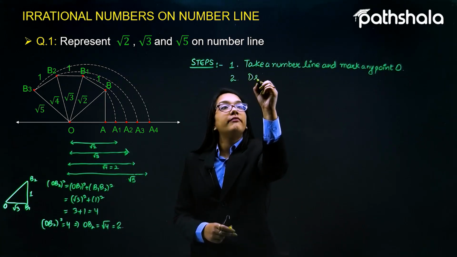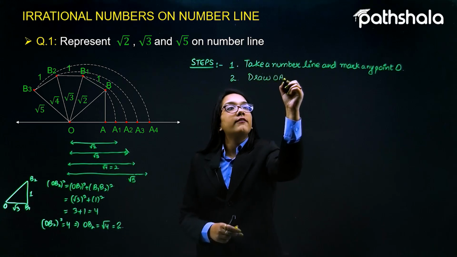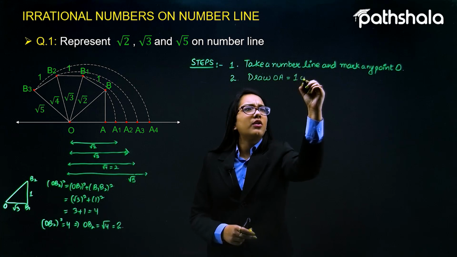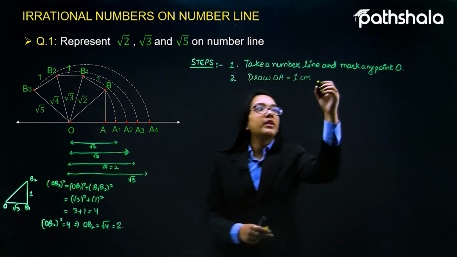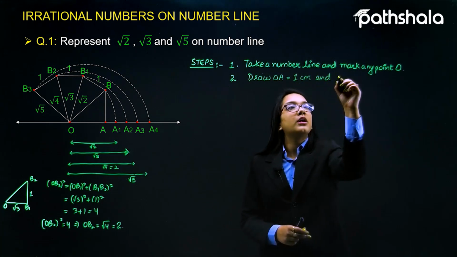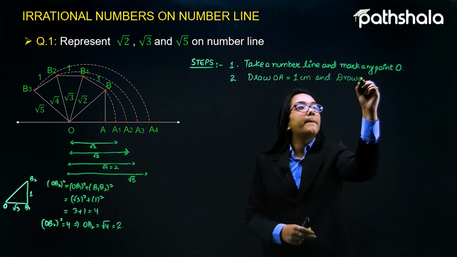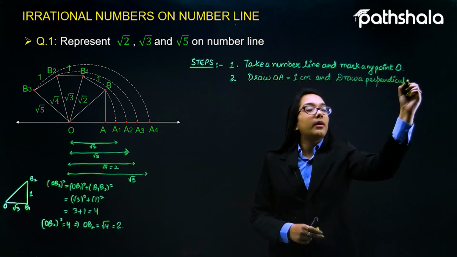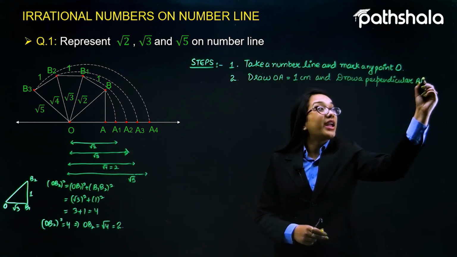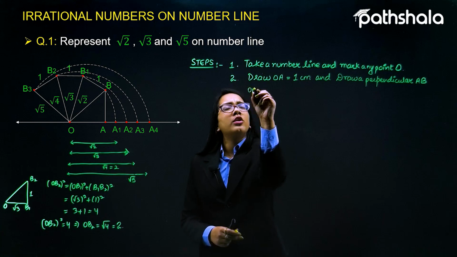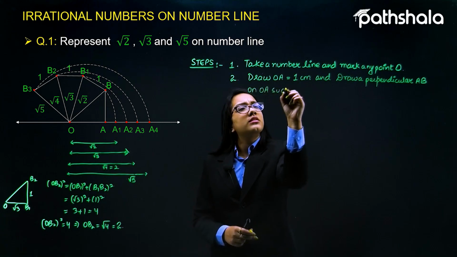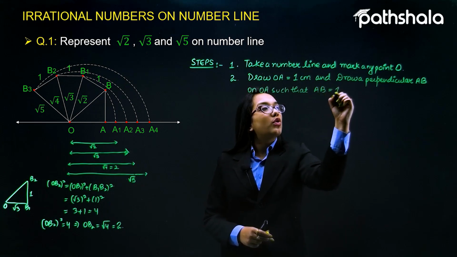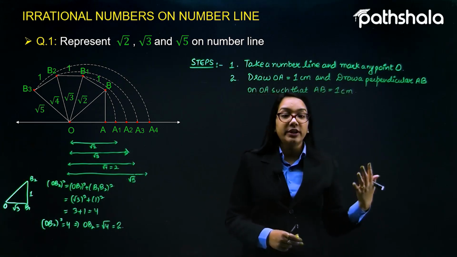So draw OA as 1 centimeter or 1 unit, and draw a perpendicular AB on OA such that AB is also of 1 centimeter, or we can say 1 unit as well.